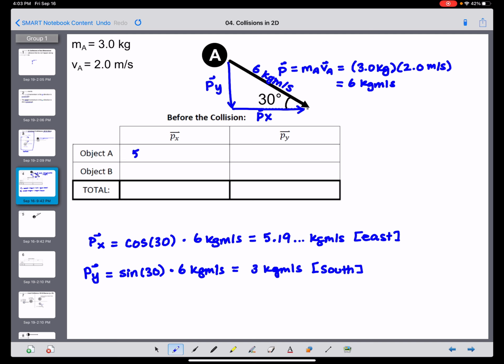So I'm just going to copy them down again. When I put them in the chart, I am going to put them positive for east or north and negative for south or west. Since I had 3 south, I'll write that as -3. So that's the initial momentum of object A.